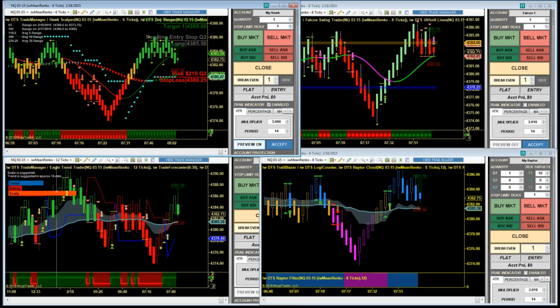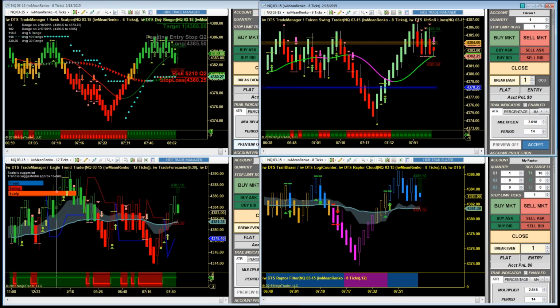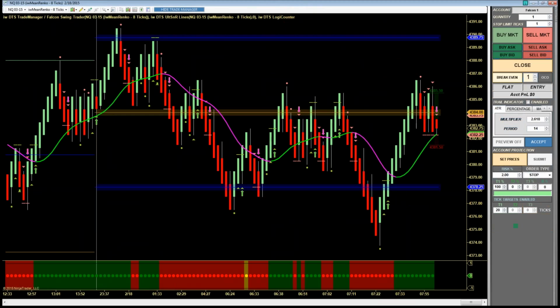But yes, that is an alternative. You can use the DTS tools, whether it be the Raptor or Hawk or Falcon or Eagle, to generate your signal. And if you're using MetaTrader or Thinkorswim or one of these other platforms, you can certainly enter your trade using those systems.